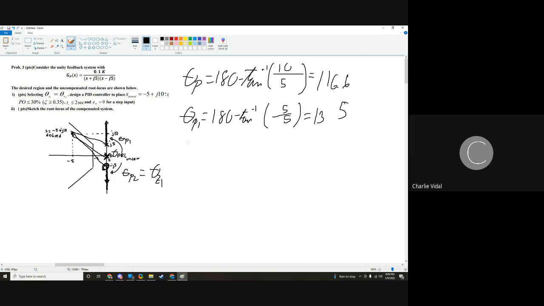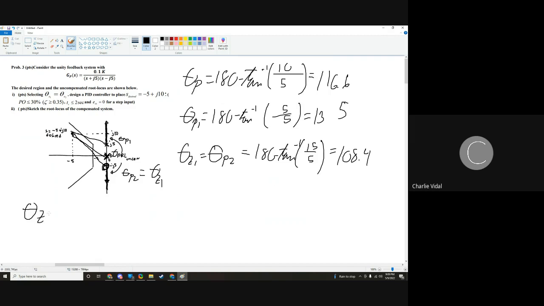And then the last one, theta z1, which is equal to theta p2, is equal to 180 minus the inverse tangent of 15 over 5. And this is 108.4. Okay, and then finally, we're going to write this equation over here.